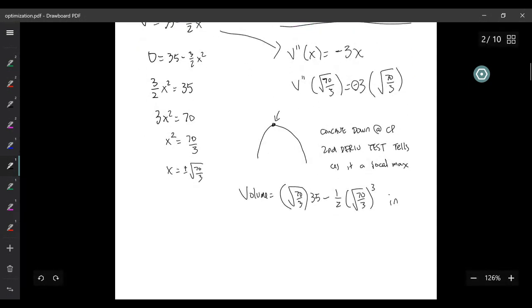The answer would be in inches cubed. All right, if you want a decimal approximation, which you don't really need here, I'm getting roughly 112.7107 inches cubed. That's my final answer.